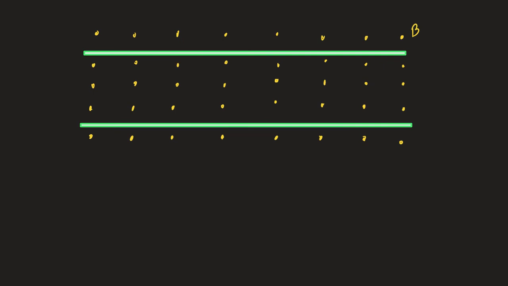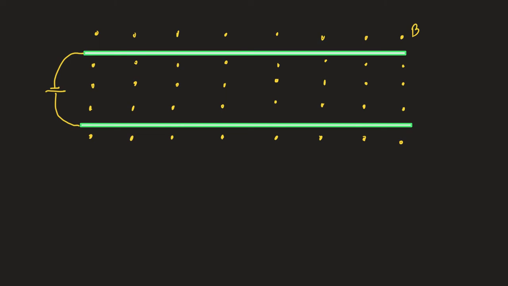Let's connect the two rails with a potential difference. So I bring the rails up to a potential difference. Right now, nothing would happen.